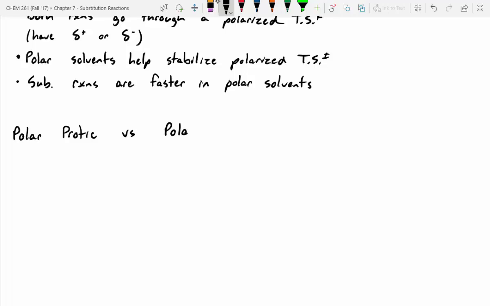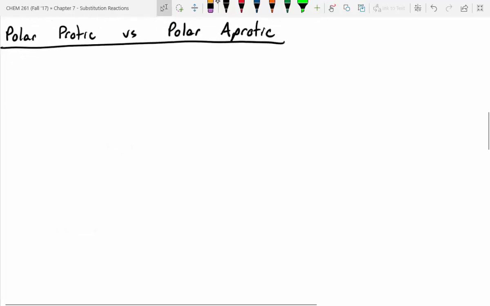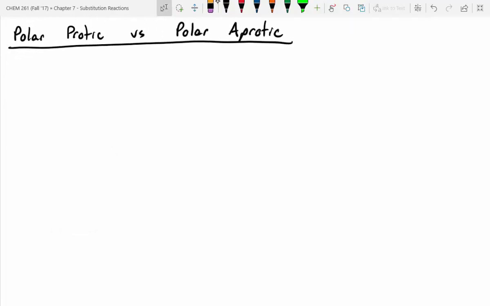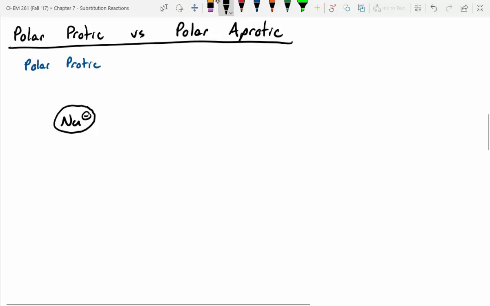Versus polar aprotic. Okay, and what I'm going to do is I'm going to have two nucleophiles, and right here we know that this nucleophile is going to be this negatively charged sphere. I'm just going to do generic Nu. It could be any sort of nucleophile. And let's do polar protic on the left. And for polar protic compounds, these are stabilized.